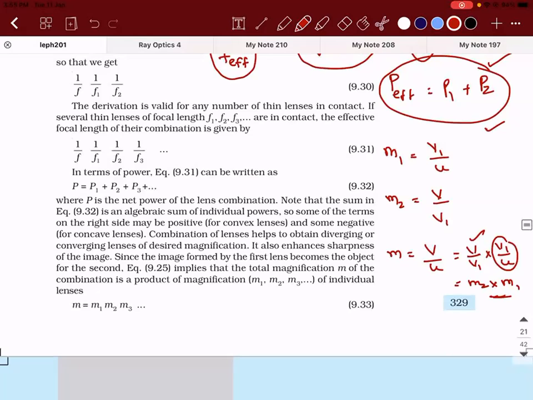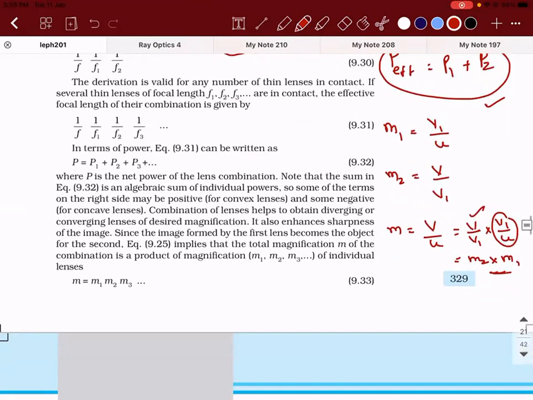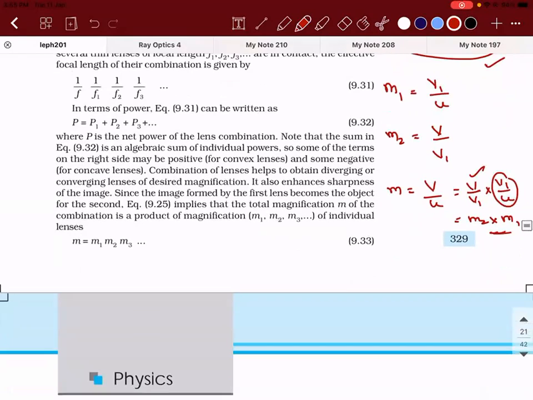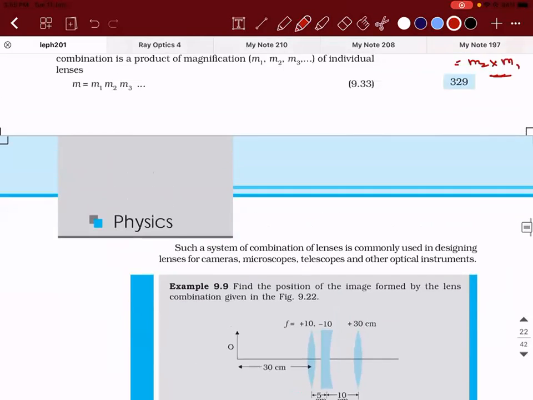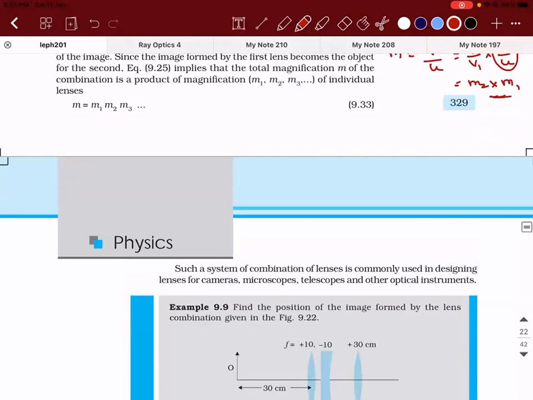Similarly, magnification will be the product of the first and second lens magnifications. So this type of combination of lenses is commonly used in designing lenses for cameras, microscopes, telescopes, and other optical instruments because those devices have the tendency to magnify the object more.